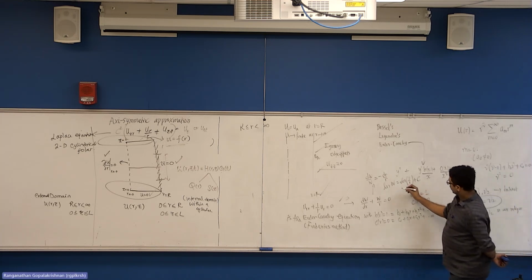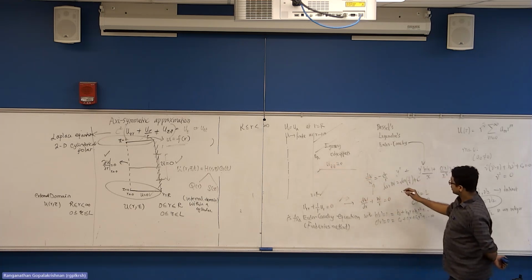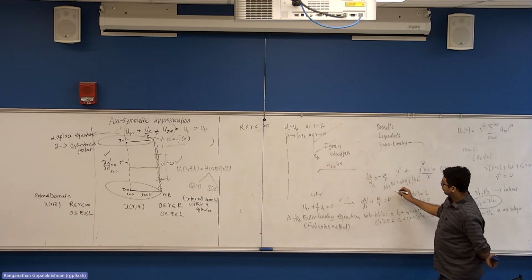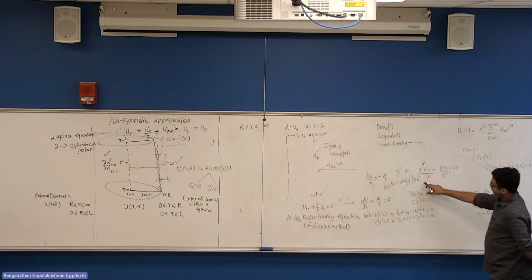Okay. So you can use the first boundary condition to say, okay, so how will we get C here?